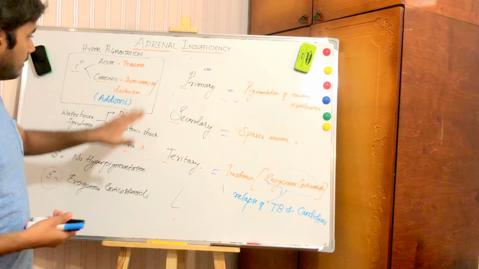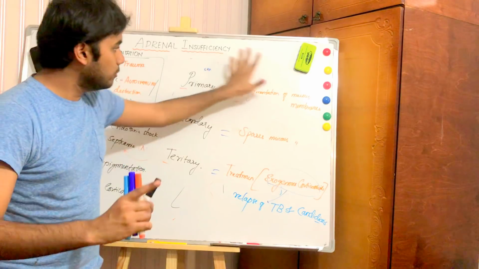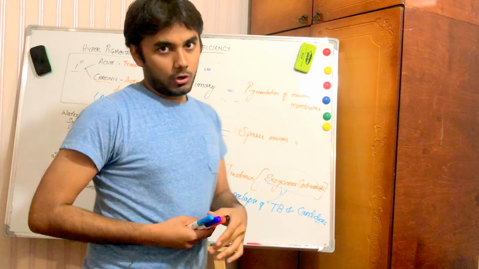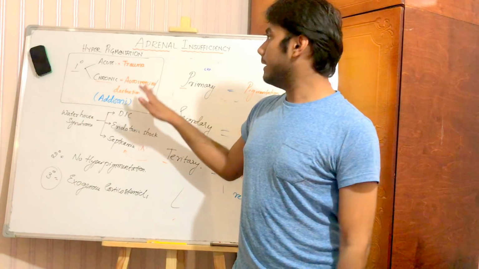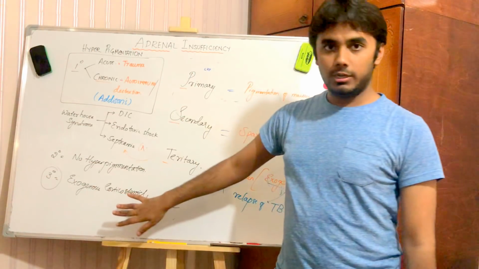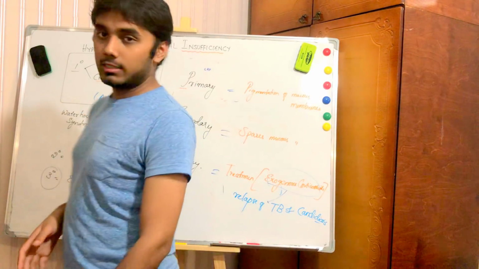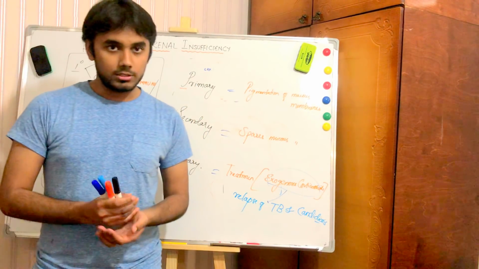So for exam point of view, this is enough, okay? But if you wanted to know everything about adrenal insufficiency, then you need to study, right? So that's it. So these are the 3 different types of adrenal insufficiency.